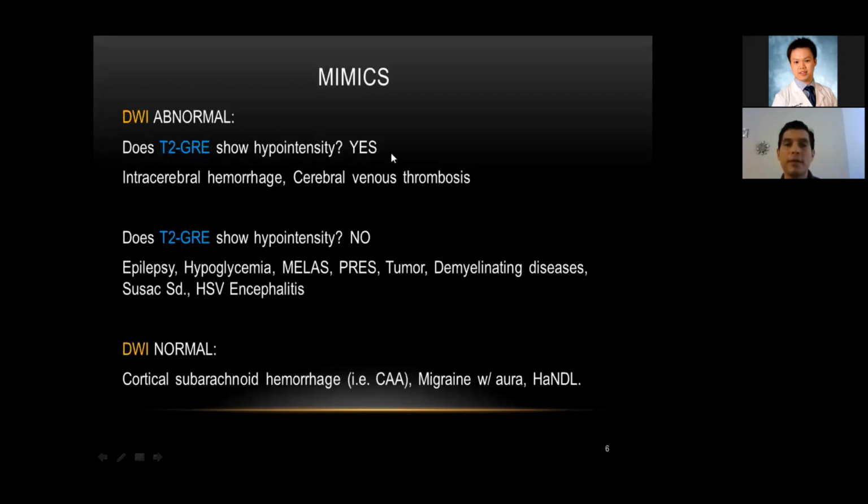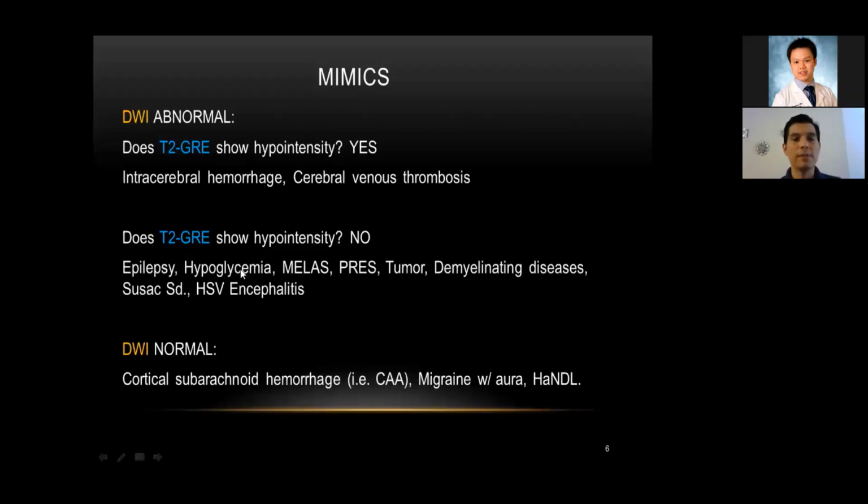If that is the case, intracerebral hemorrhage and cerebral venous thrombosis is our first mimics in the list. But if T2 gradient does not show hypointensity, we have this list of mimics that you can differentiate, helping with the clinic.